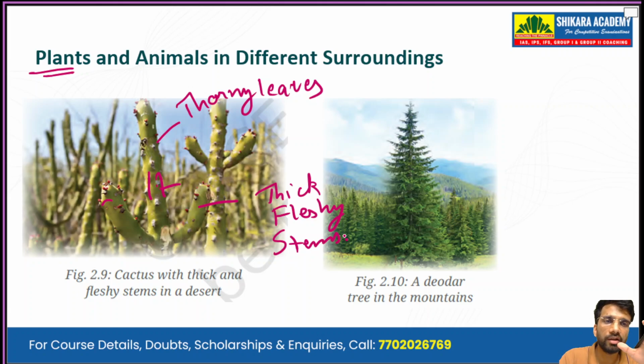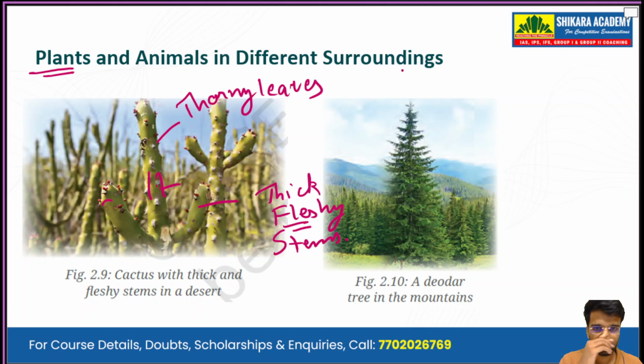There is very little water available in deserts. A hot desert is typically very hot during the day and very cold at night. Therefore, you will find plants and animals in these areas that can tolerate and survive both hot conditions during the day and colder conditions at night. The fleshy stems of plants found in the desert can store water and help the plant to tolerate the hot conditions.